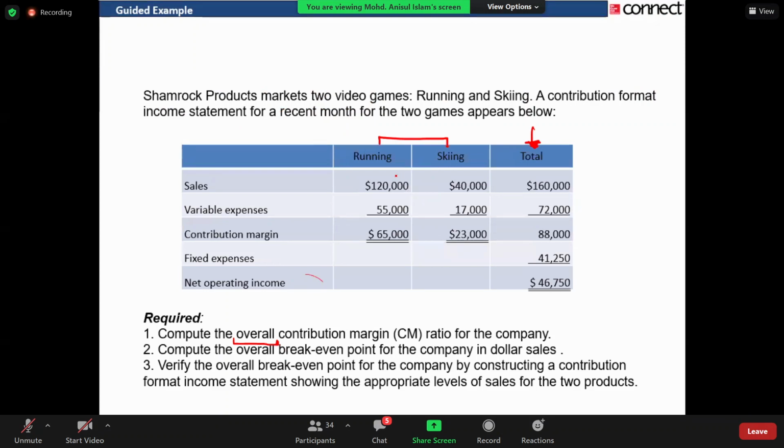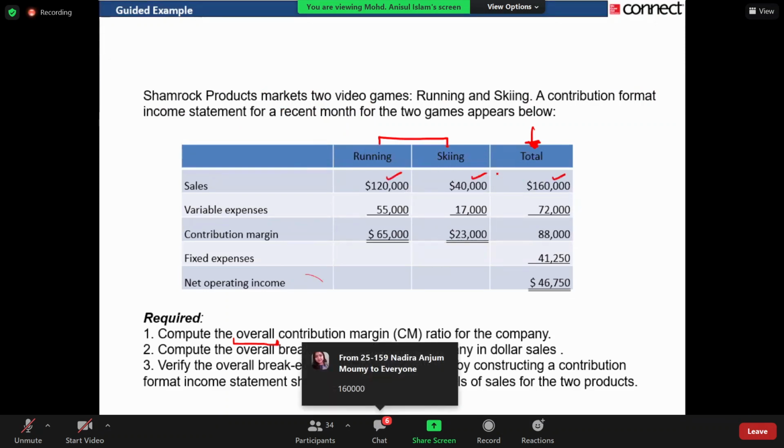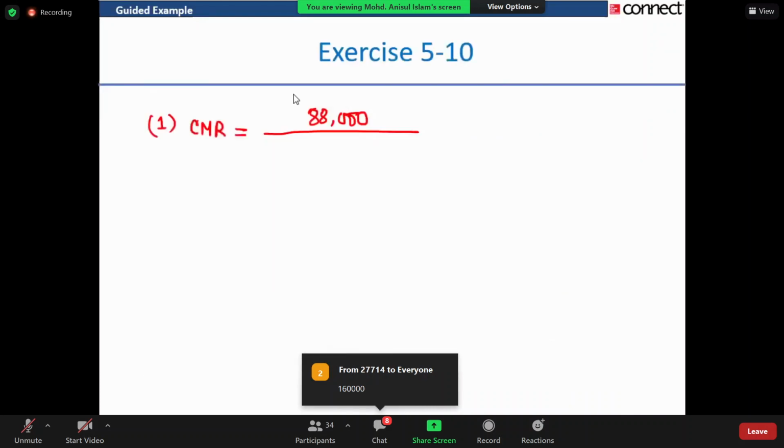Which sales should I take, this one or this one? I should take the 160,000 because we are asked to measure the overall contribution, not the individual. So let me take the overall sales of 160,000.